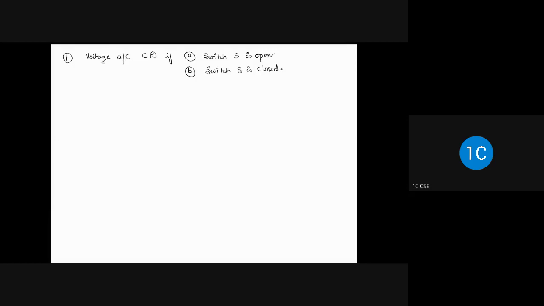Okay, so there are two circuit conditions, one with S in the open position and one with S in the closed position.